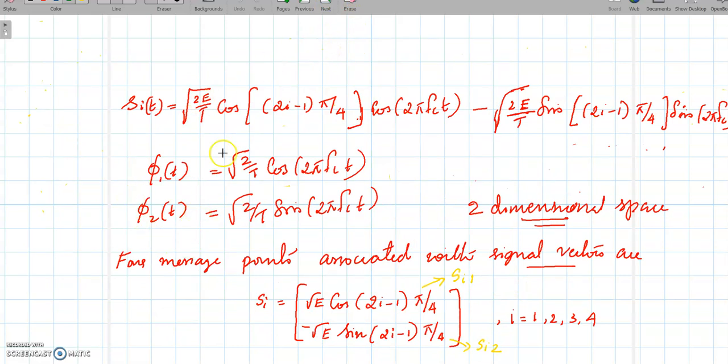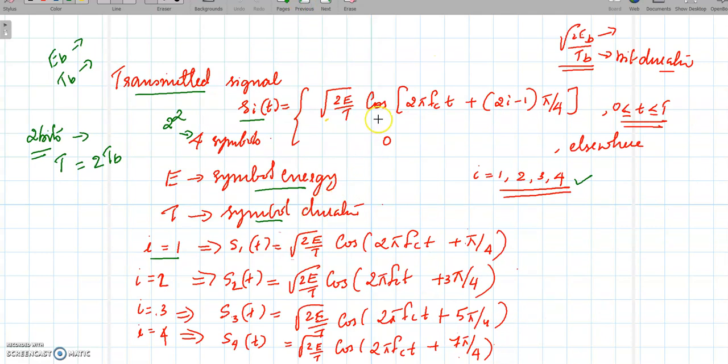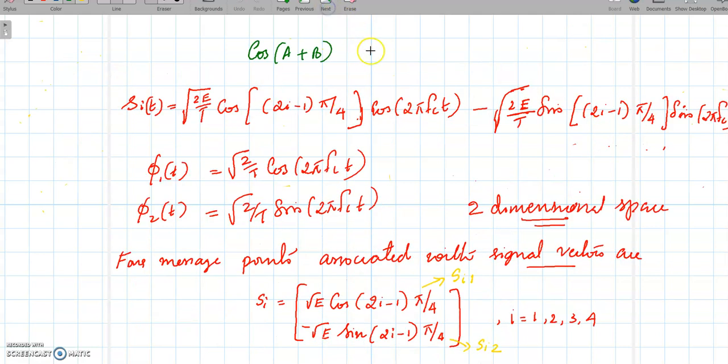Now, in the above expression, you have a term cos of A plus B. I can apply the trigonometric identity cos of A plus B equals cos A cos B minus sin A sin B, and rewrite the expression like this.